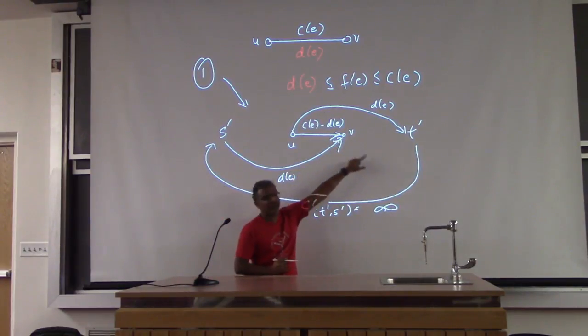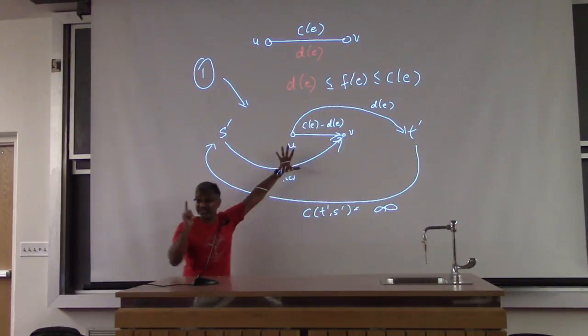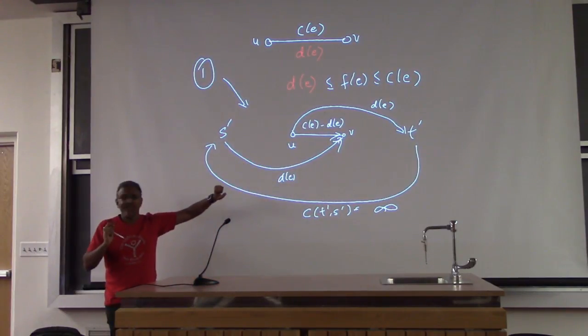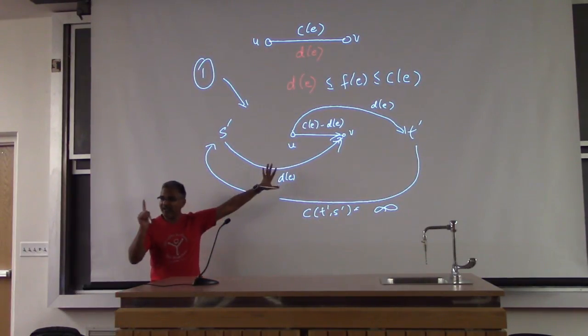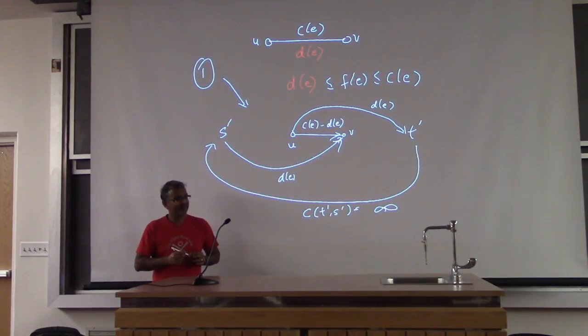V is now going to connect to other edges. Oh, this whole construction is for a single edge. Yeah, this whole thing I'm doing is for one edge part of the graph. So do you create different S prime and T prime for every edge? No, same S prime, same T prime for all edges.